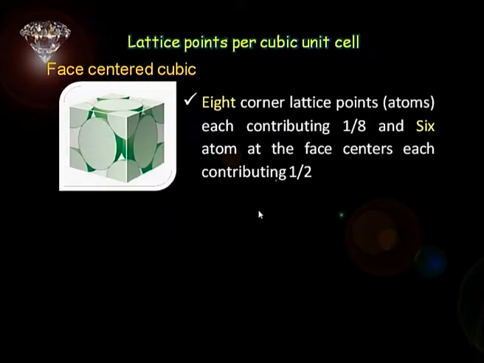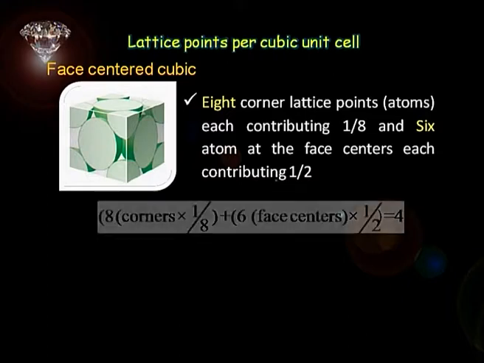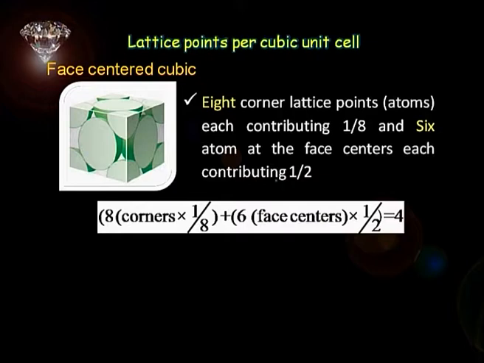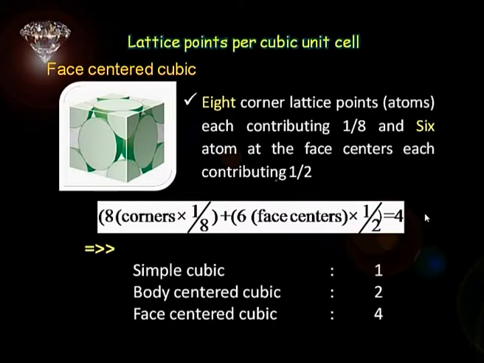Similarly, for face centered cubic, there are 8 corner lattice points, each contributing 1/8, and there are 6 atoms at the face centers, each one of them contributing 1/2. So, that gives a total of 4. That means, 8 into 1/8 plus 6 into 1/2 adds to 4. So, for simple cubic the lattice points per cubic unit cell is 1, for body centered cubic it is 2, for face centered cubic it is 4.